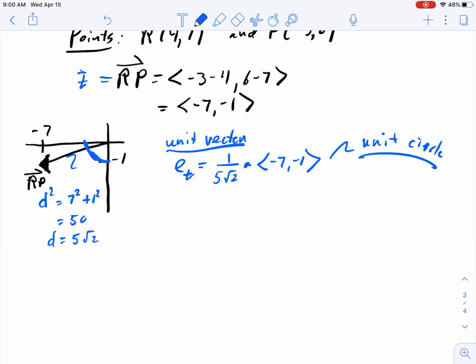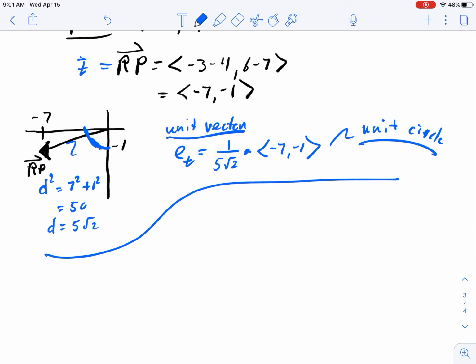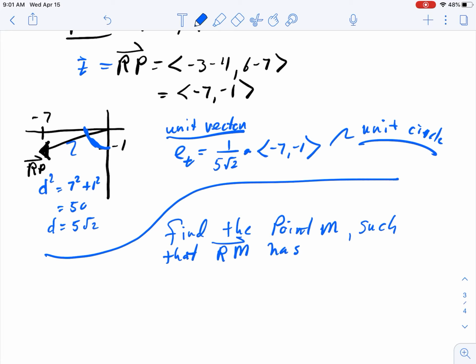Let's change it up here, something other than just a unit vector. Let's say find the point M such that Rm has a component of 5, 9.